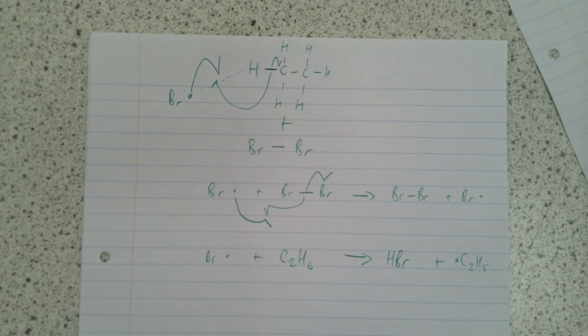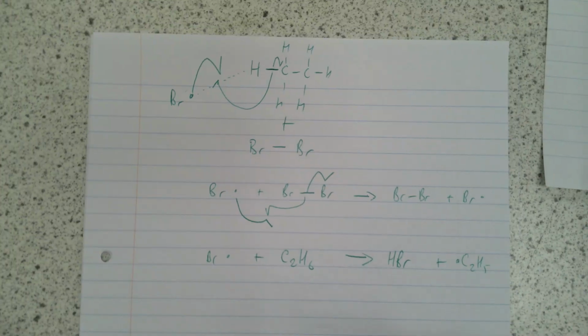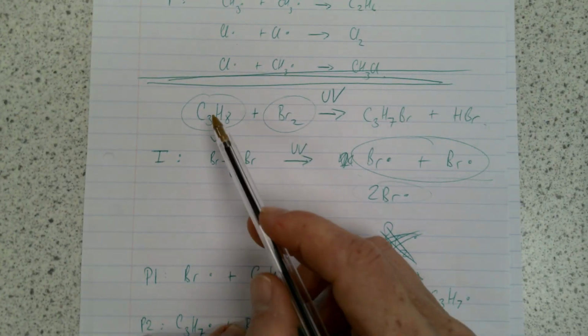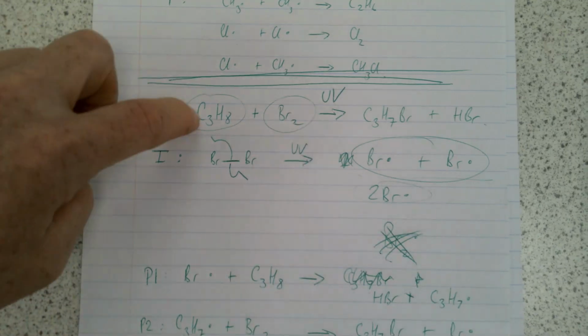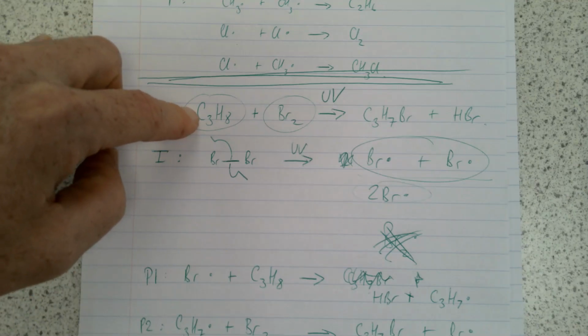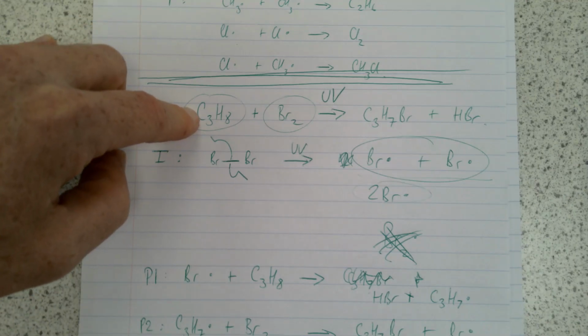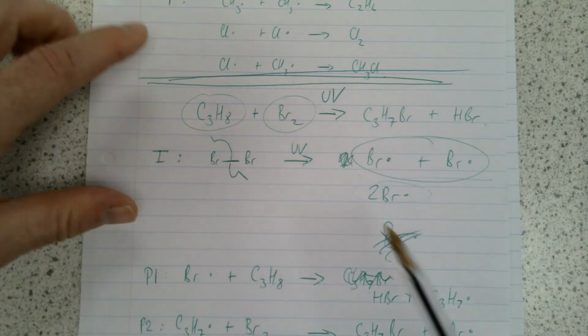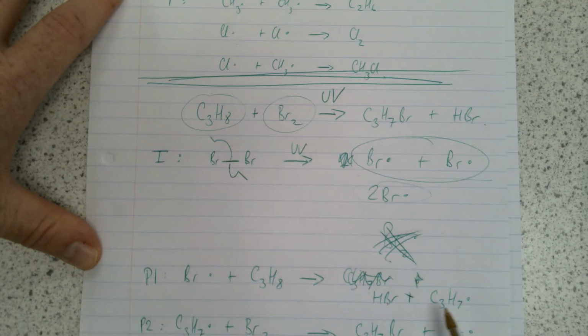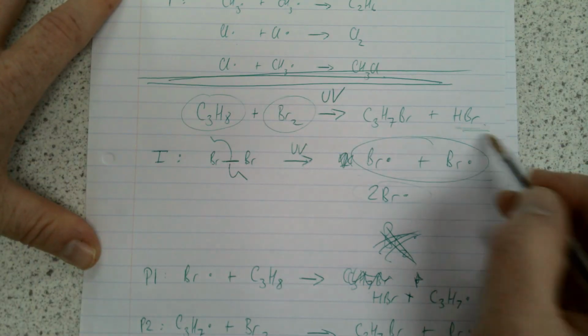But taking it back a stage, in propagation 1, we look up here, the Br dot has to react with one of the reactants. So it has to be this one because that would be non-productive. And you're going to generate one of the two products, because one product comes from reaction 1, one comes from reaction 2. So the Br dot reacts with this stuff, and we know that you end up with the HBr forming in that first step.